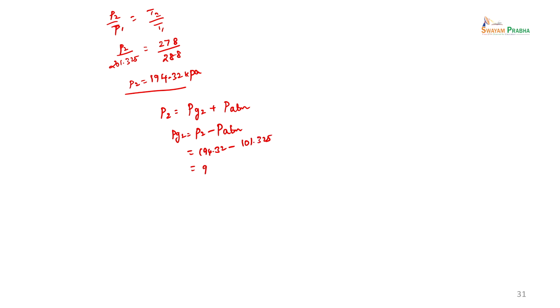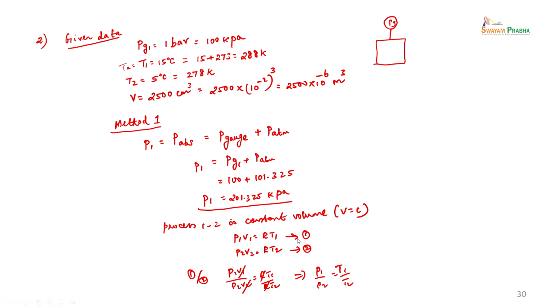So, 194 minus 101 is 93 kilopascal, that is the gauge pressure at point number 2. If you convert into bar, divide by 100, it is 0.93 bar. So, this is the first method to solve this problem.